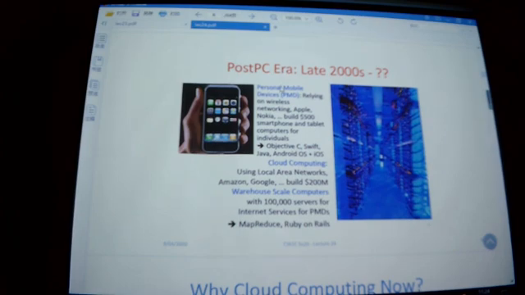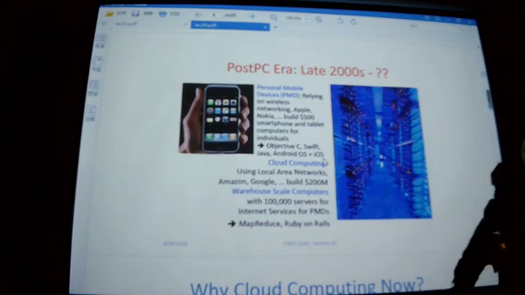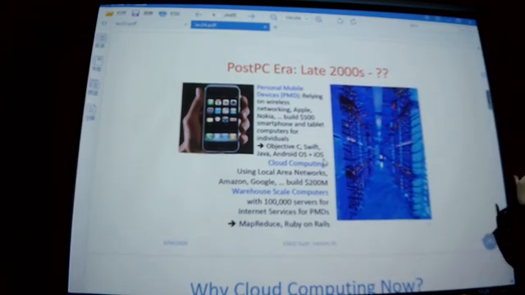Okay, this is personal mobile devices, PMD. So the cell phone, the PostPC Era is from 2000 to the future. So you can see Objective-C, Swift, Java, Android OS, and iOS are the technologies. iOS is from the past to the current and to the future.